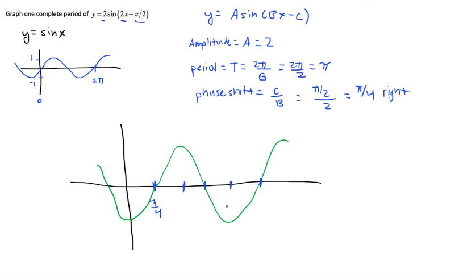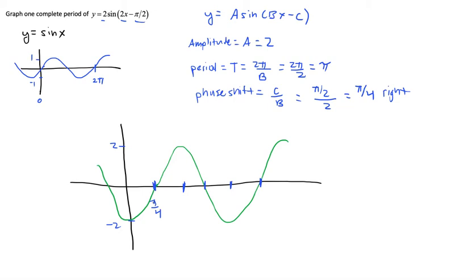Okay, so this is where the graph begins. We have our maximum, we come back down to 0, we have our minimum, and then we come back to 0 here. This is one complete period. Okay, now of course this is going to be 2 and negative 2, right? That's always the easiest, right? We just change that.